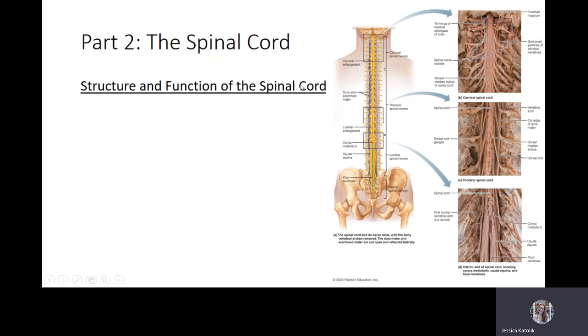Here we're seeing that same diagram that we talked about before, and here we're going to see what the cadaver looks like. So if we actually dissected a cadaver and looked at the spinal cord, this is what it would look like.